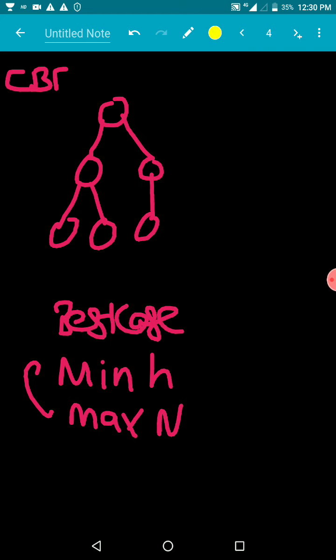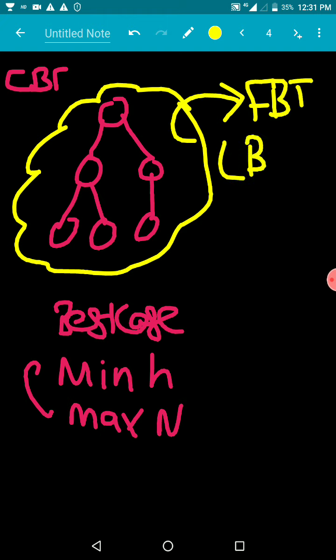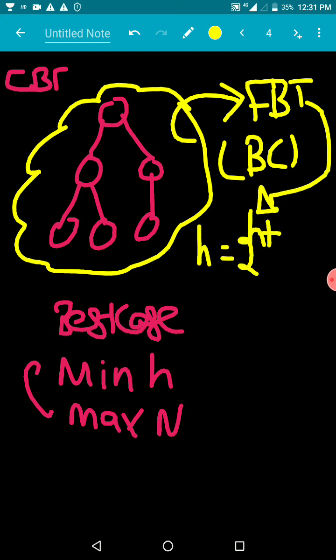Look, before we find the height of the complete binary tree, look at this structure. This is exactly a full binary tree in the best case. So what is the height of the full binary tree in the best case? n equals 2 power h plus 1 minus 1. Here this node is excluded.